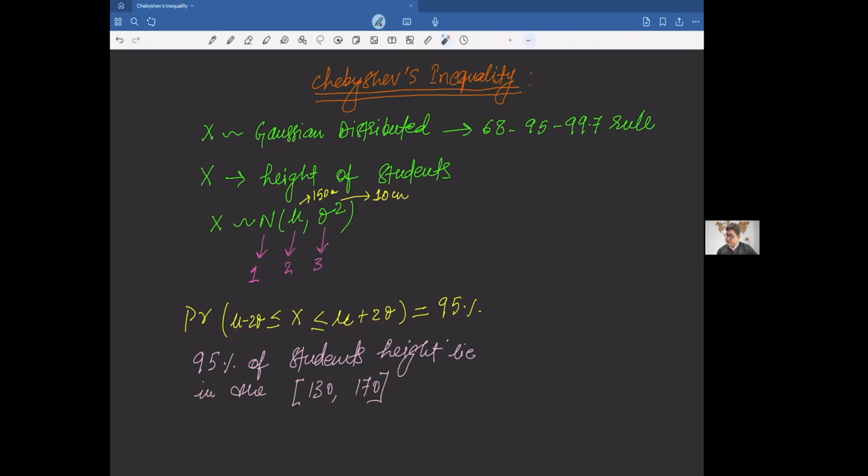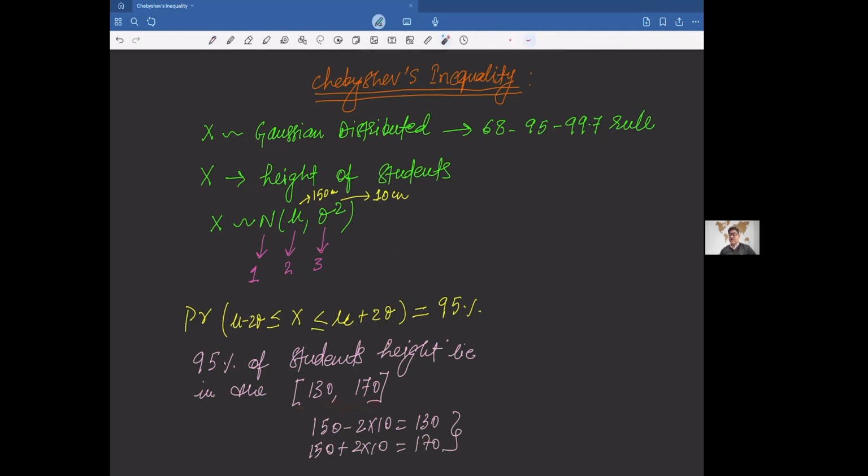My mu is 150, so 150 minus 2 into 10 comes out to be 130, and 150 plus 2 into 10 comes out to be 170. So 95% of the students' heights lie between 130 centimeter and 170 centimeter.